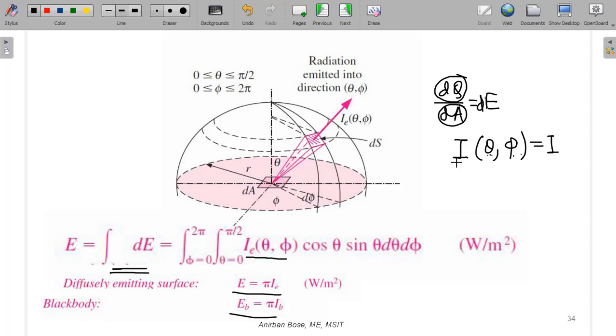That means this intensity is independent of direction. If this is the condition of the surface, then that surface is called a diffuse surface.